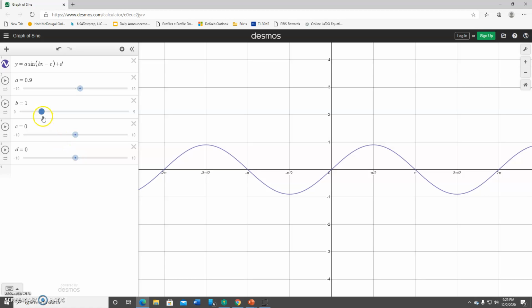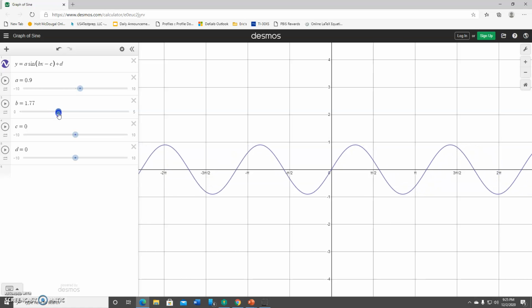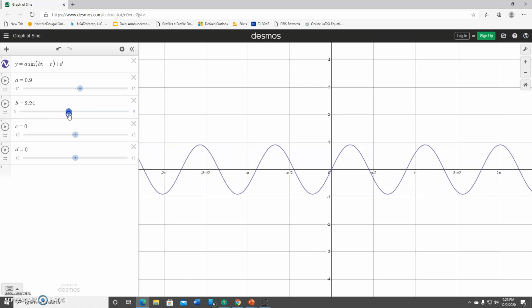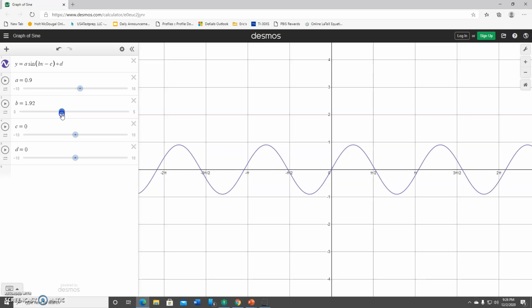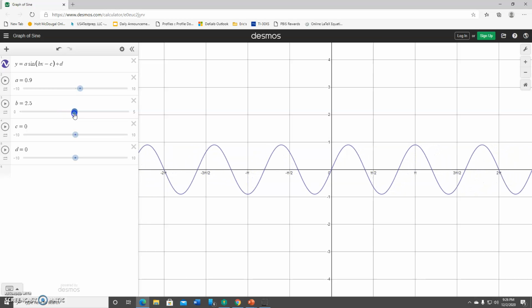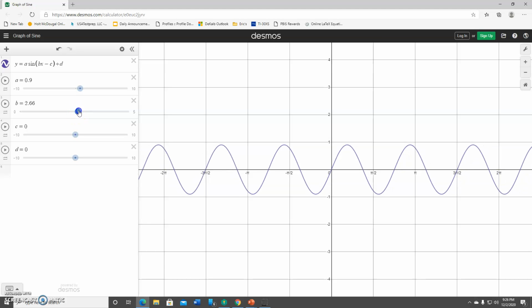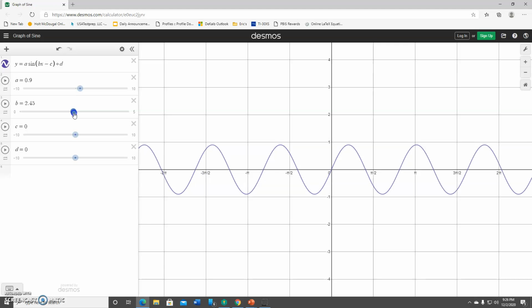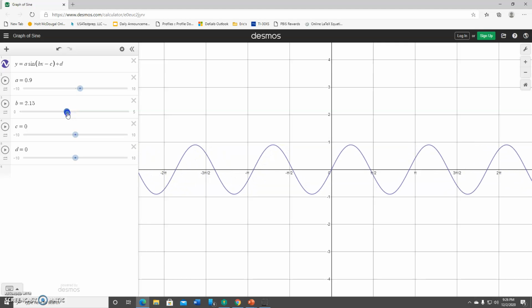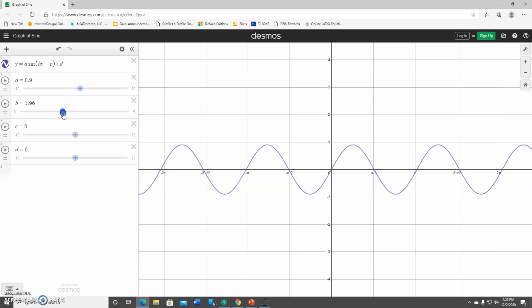We'll now play with the B. As I change B, you might think it's getting skinnier or something to that effect. What's happening is we're changing how far we have to go before it starts to repeat, which is our period. So let's put it to 2 to see what happens.